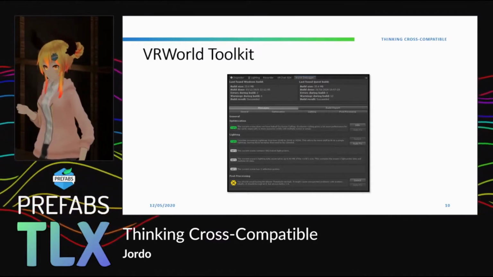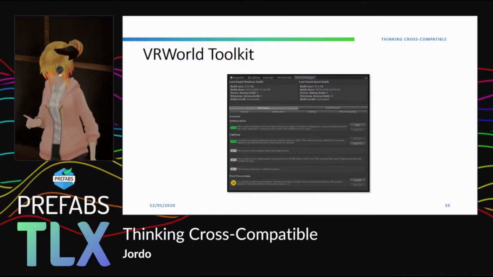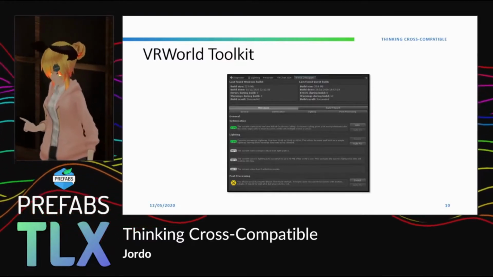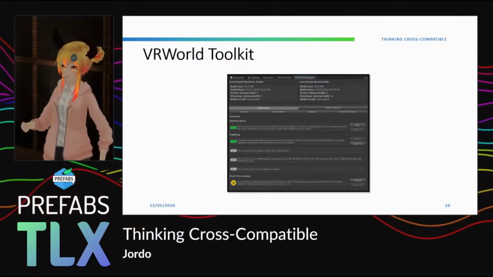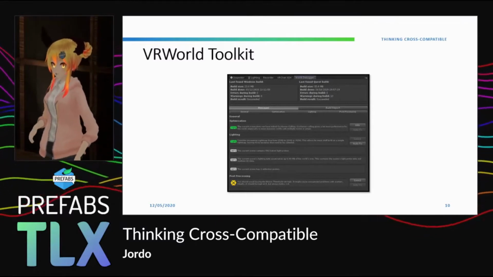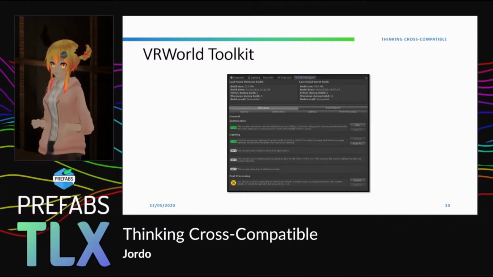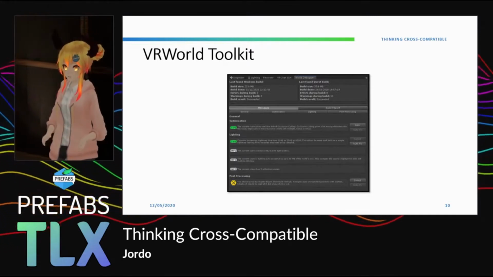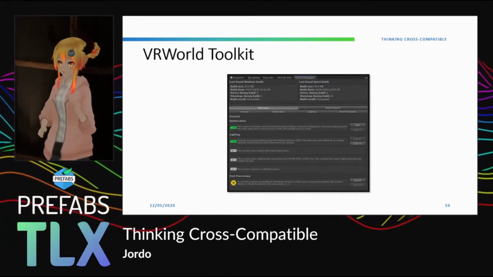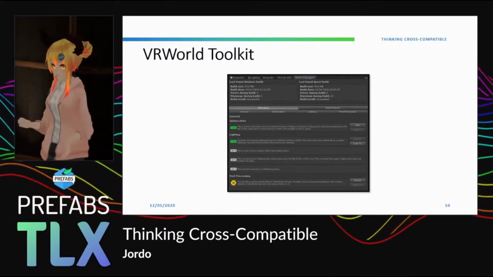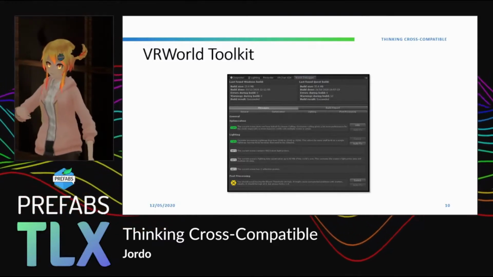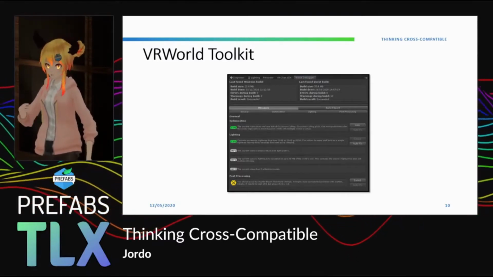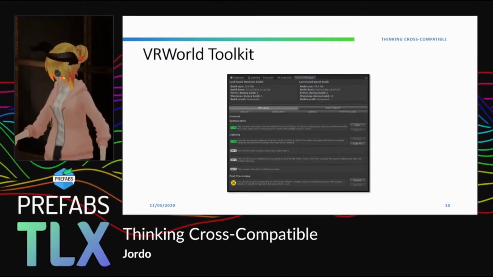But it also has one option that is very important, and it is build reports. Build reports will allow you to see how much space your build is taking and what assets are taking up which space. So it's very useful. It separates between PC and Quest, so you can clearly see, oh, this asset is taking this many megabytes and such. So it's really useful.